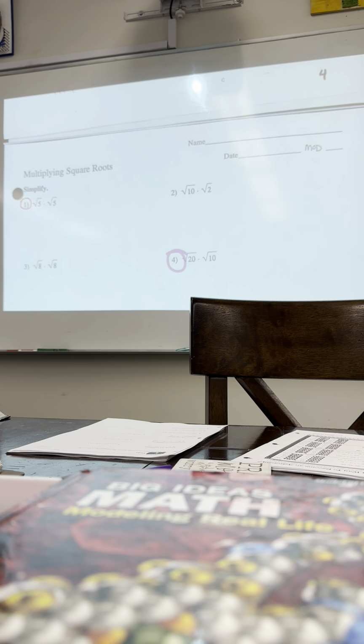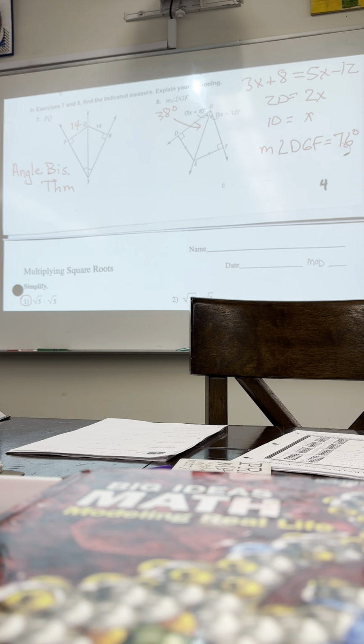So for number 6, the reason was the converse. Because it was equidistant from the sides first, that made it have an angle bisector. For the converse, you don't know the big angle here.